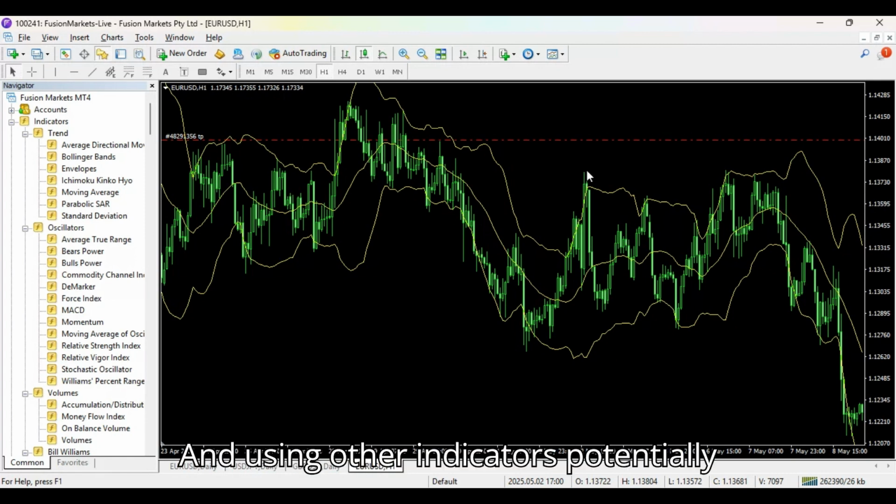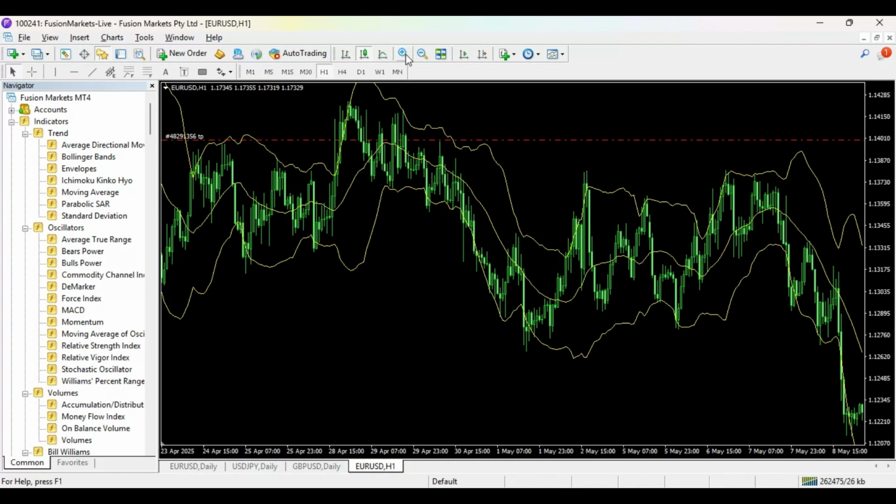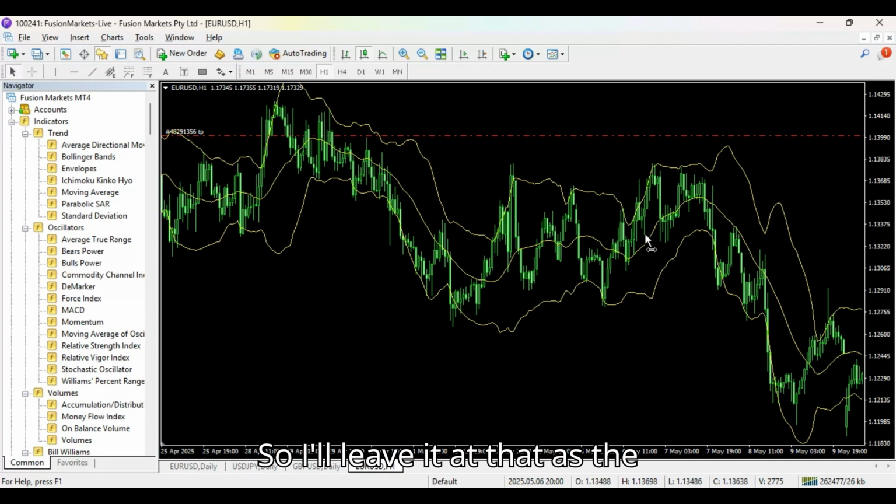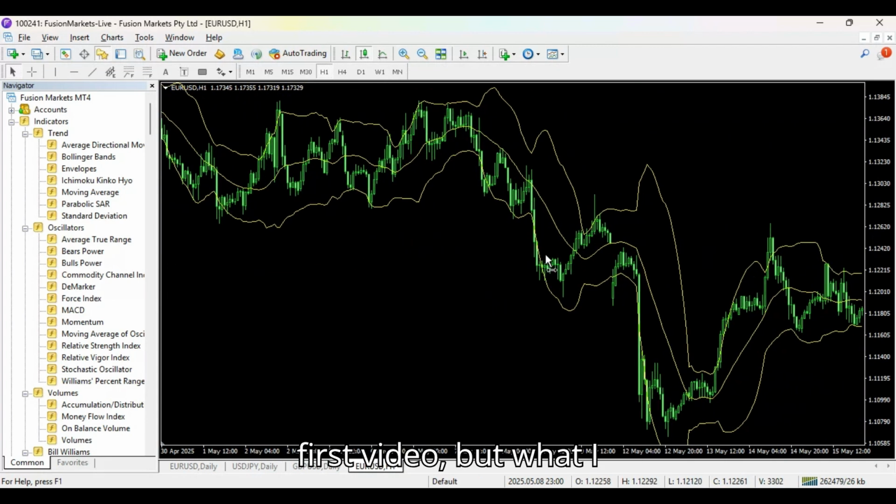And using other indicators, potentially maybe using the MACD, moving average convergence divergence indicator. We might look into the relative strength index indicator, and a number of indicators, right? That can help us really identify that turning point. So I'll leave it at that as the first video.